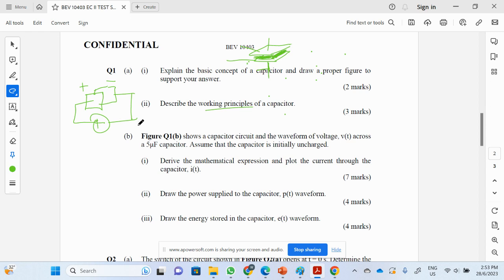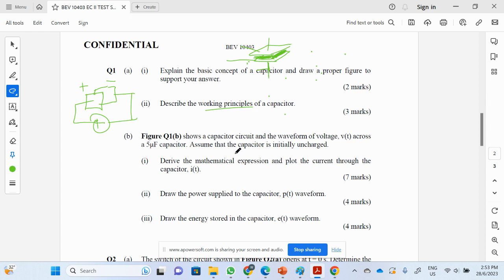And the energy is actually stored in the electric field. Okay, markah dia semuanya, tiga-tiga markah ni sebenarnya explanation, description, you have to describe. Walaupun gambar ni tak ada markah, tapi actually if you let's say salah statement tapi gambar ni betul, lukis ni betul, you masih dapat markah ni walaupun tak full mark lah.